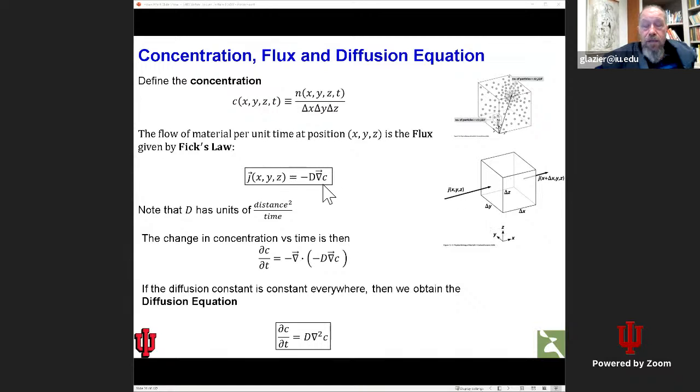And so this is saying that if you have a high concentration, material flows from the high concentration to the low concentration, and the rate of flow is proportional to the gradient, to the slope. And this introduces a constant, D, which is called the diffusion constant, which tells you how fast that flow happens.